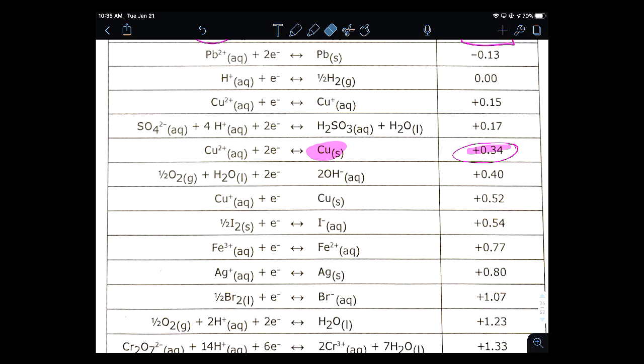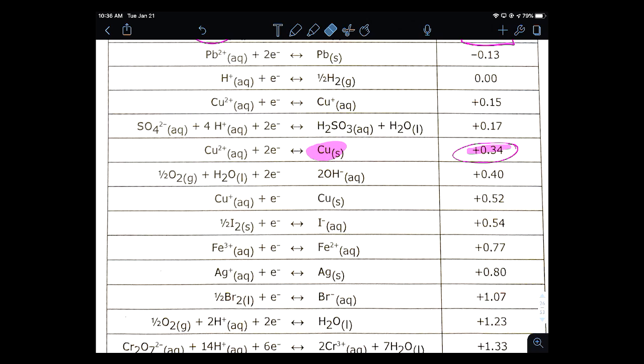Yes, but that's magnesium ions that are negative, right? We are reacting magnesium metal. So if it's magnesium metal, that's the product of reduction.